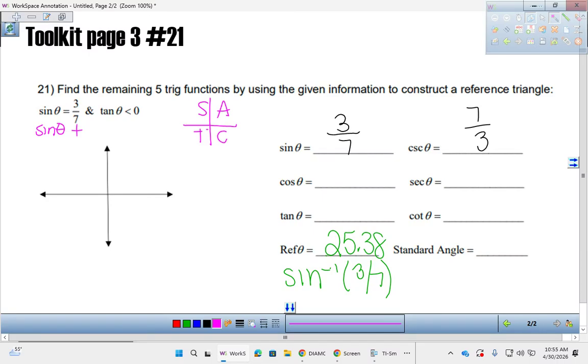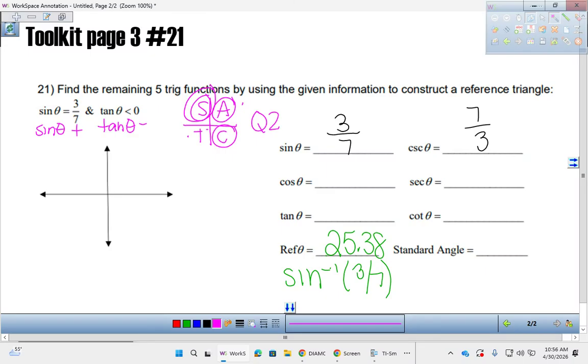A and S. A for all, S for sine. So I'm going to draw my triangle in one of those two. I don't know which one until I look at this information. This says that tangent theta is less than 0. So tangent theta is negative. Well, tangent is positive in A and T. So it's negative in 2 and 4. So what do those two things have in common?